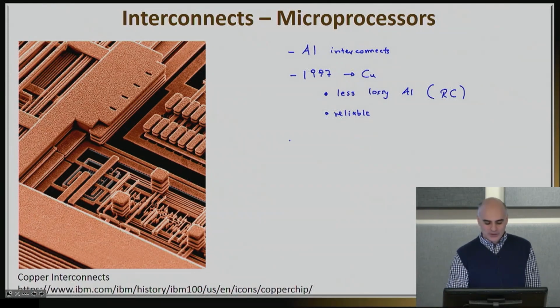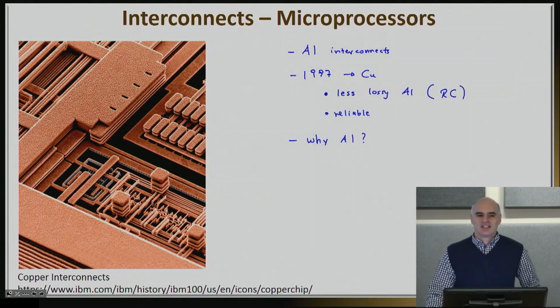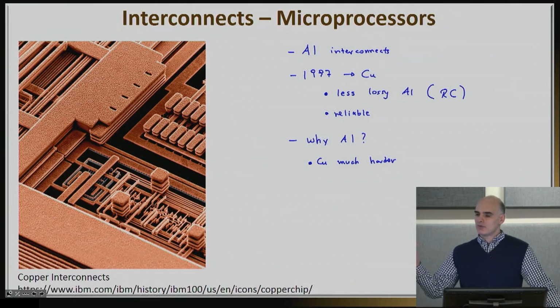Now, of course, the natural question is, if copper is so much better than aluminum, why were we using aluminum in the first place? Did we get this wrong? The answer is no, we didn't get that wrong, but copper is much harder to make work. The reason is that copper atoms have this annoying property of diffusing through barriers in the processor.